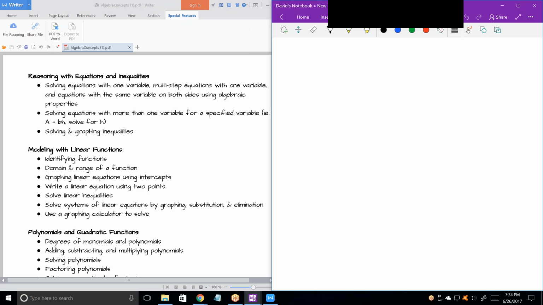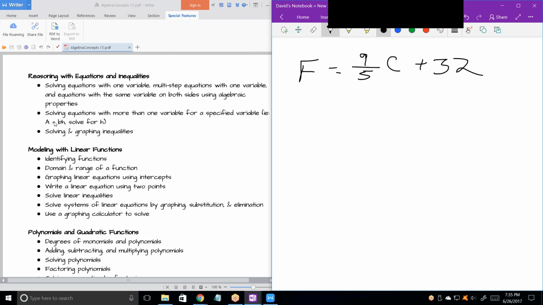Let's take a pattern with this of, I know we kind of got to this third one here, solving and graphing inequalities. But before we go on, I'd like to review just a little bit every time we have a session to make sure you can do some of these others. For example, one of the things that they want you to be able to do is solve an equation for a variable that's on the other side.